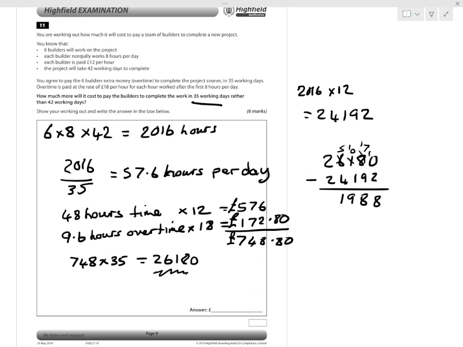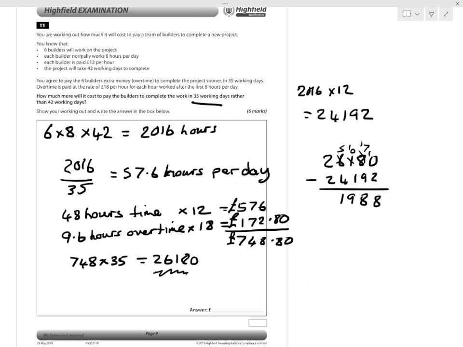So we've got 2,016 hours worth of work. We're going to do it in 35 days. So 2016 divided by 35 days is 57.6 hours a day. So 57.6 minus 48, let's just get that right, is 9.6.